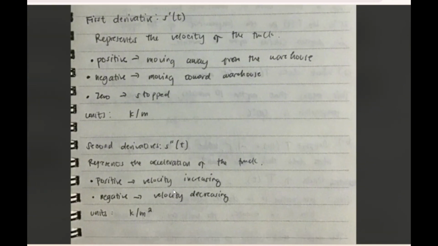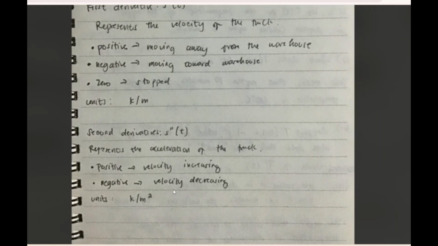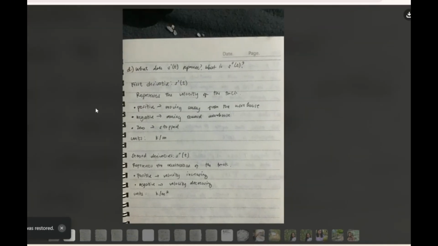The units, since we are talking about acceleration, are kilometer per hour squared. To answer this in short, s prime of t is the velocity of the truck, the rate of change of the position. And s double prime of t is the acceleration of the truck, the rate of change of velocity. So one is about the change in position, and the other is about the change in velocity.